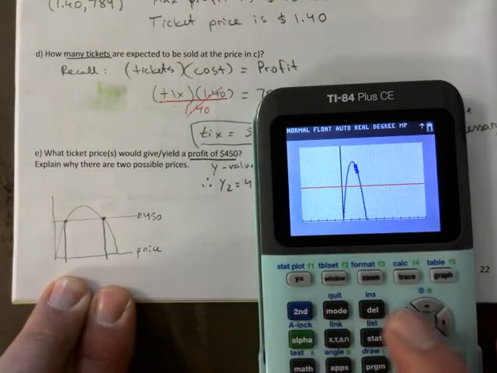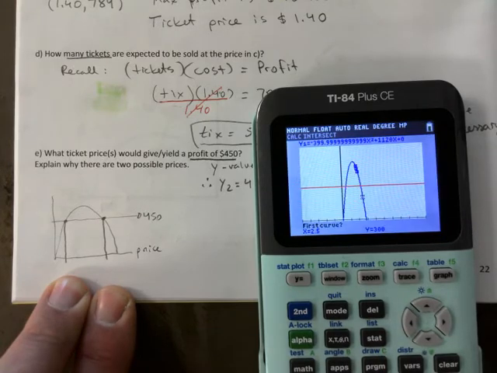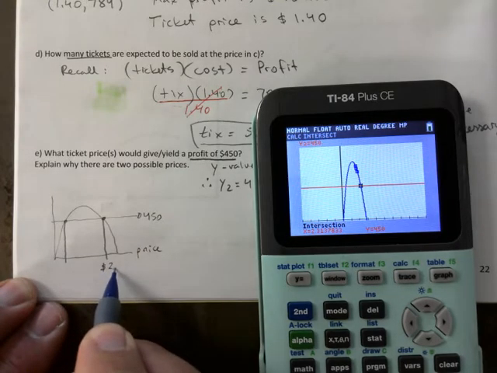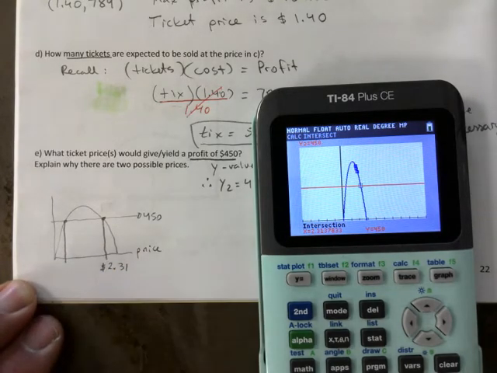Let's go ahead and find it with second trace 5. It doesn't matter which you find first. I'm going to find that one. So this would have a 2.31 ticket price.